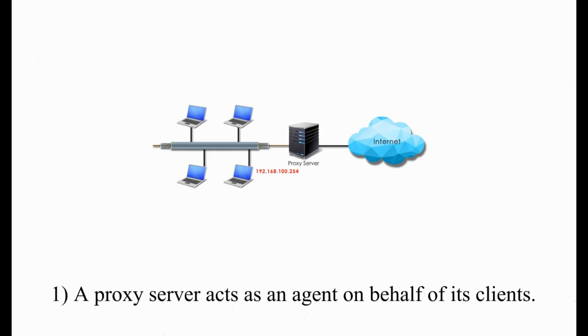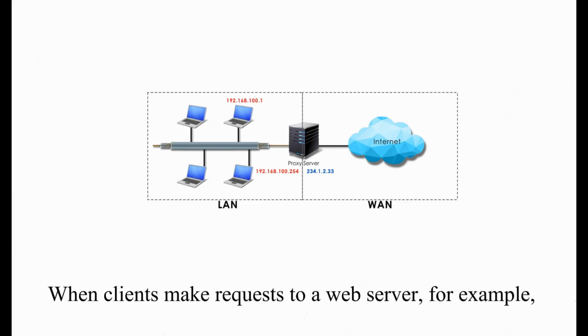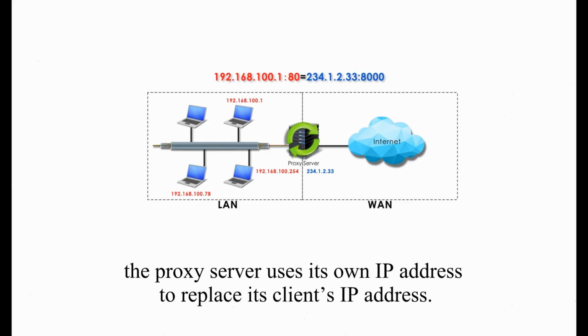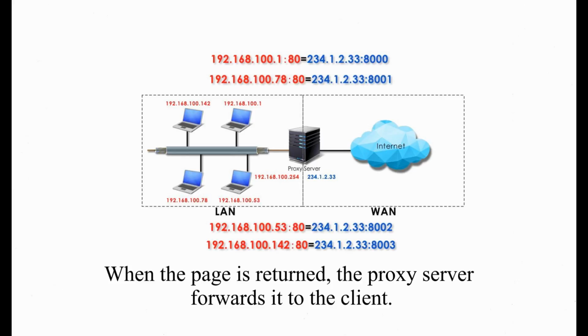1. A proxy server acts as an agent on behalf of its clients. When clients make requests to a web server, for example, the proxy server uses its own IP address to replace its client's IP address. When the page is returned, the proxy server forwards it to the client.